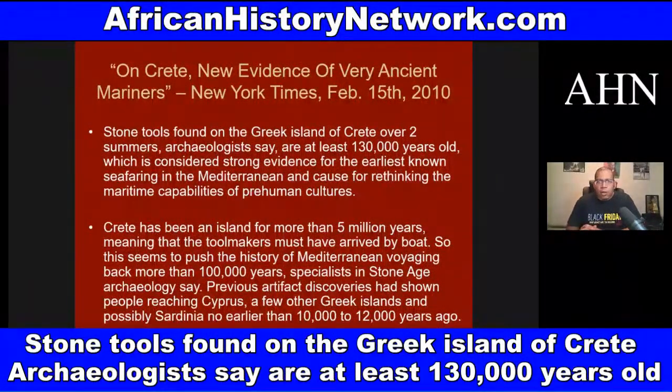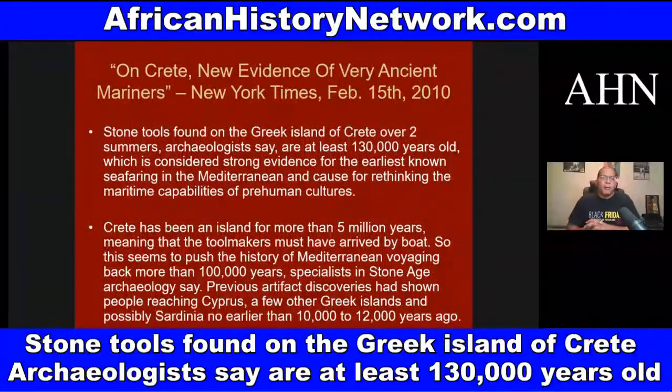On Crete, new evidence of very ancient mariners. On February 15th, 2010, this article came out in the New York Times science section. It deals with a discovery made over the course of 2 summers.